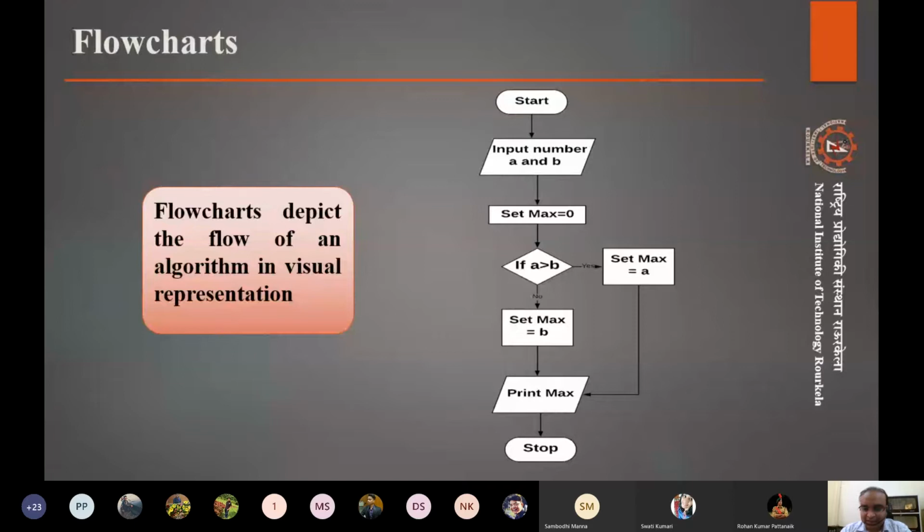So by just seeing the flowchart, we can have an idea where the process is going and where it will terminate, what are the steps involved, where there will be inputs, where there will be outputs, and where the processing is going on. So that's the first step to basically solve any problem.